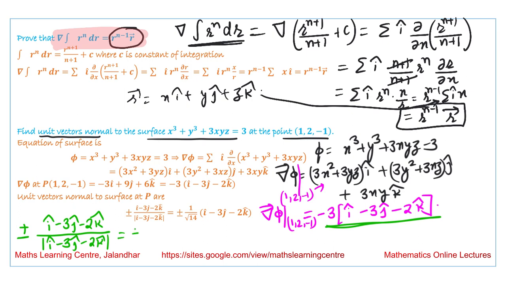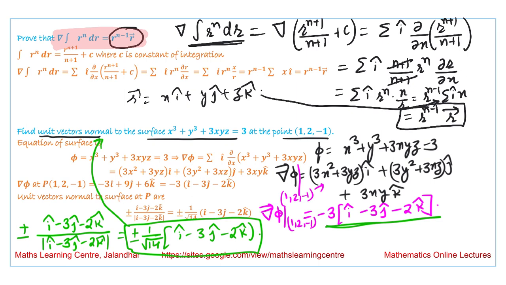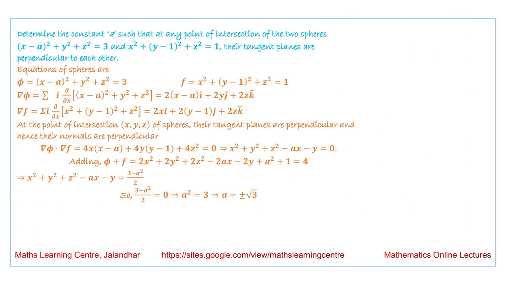So the answer we obtain is plus minus 1 by root 14 into I cap minus 3 j cap minus 2k cap. So this is the unit vector normal to the surface x cube plus y cube plus 3xyz is equal to 3 at this point.